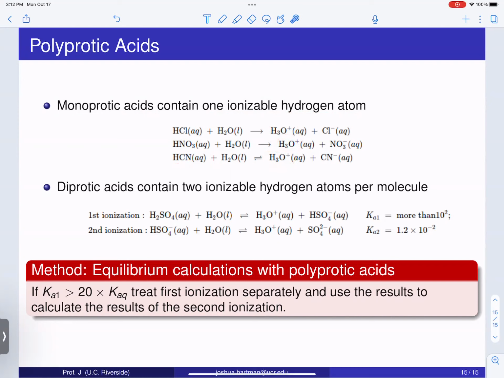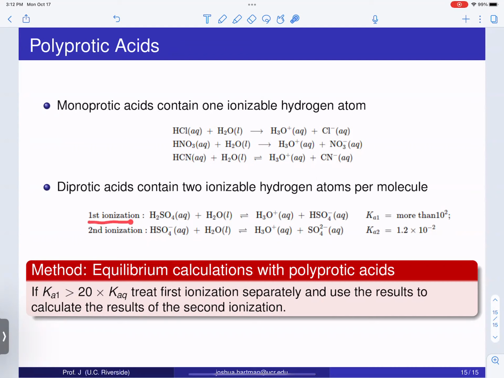Now, diprotic acids have two. And in general, polyprotic acids, anything with more than one, are acids that give up more than one proton. And the interesting part, and this is where we need to pay close attention to how we carry out these calculations, is that when you're ionizing a polyprotic acid, it's going to occur in what you can think of as steps.